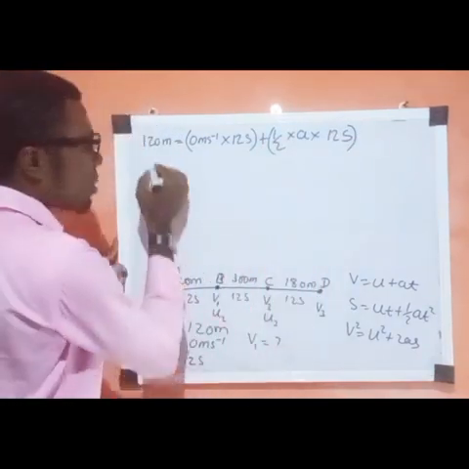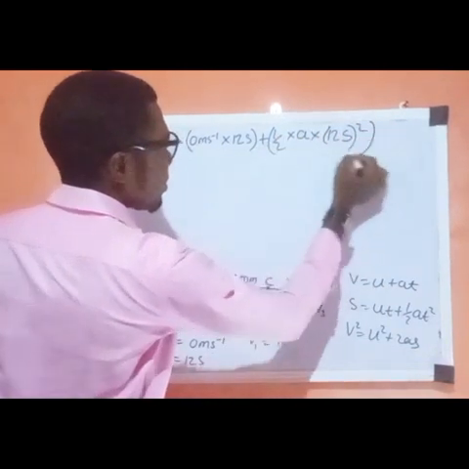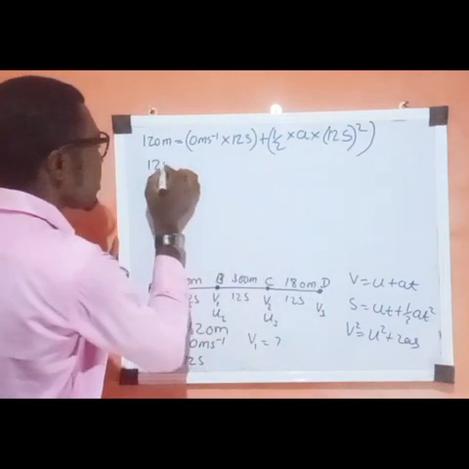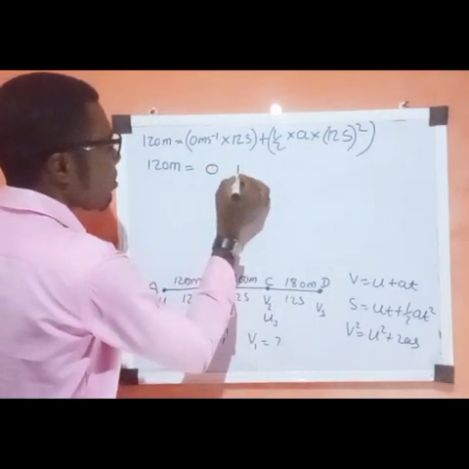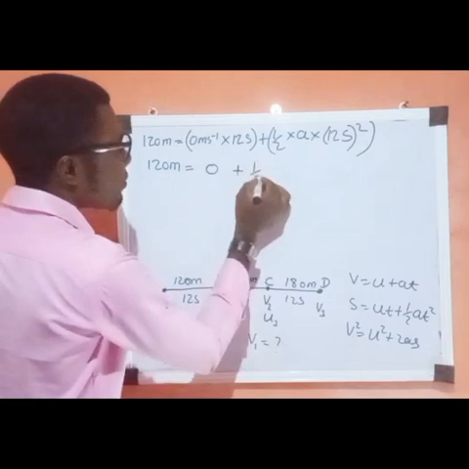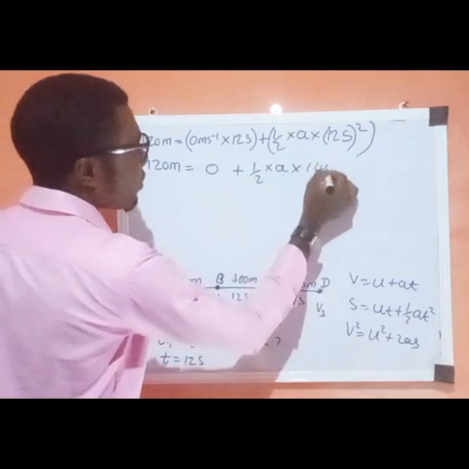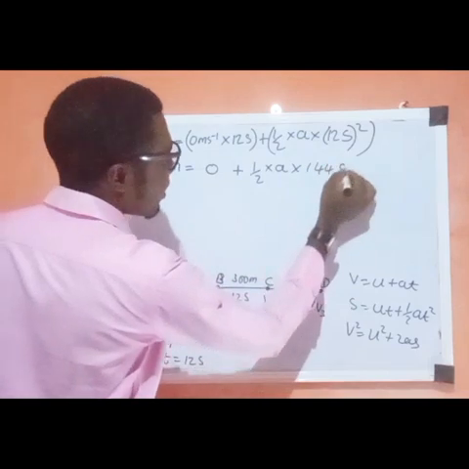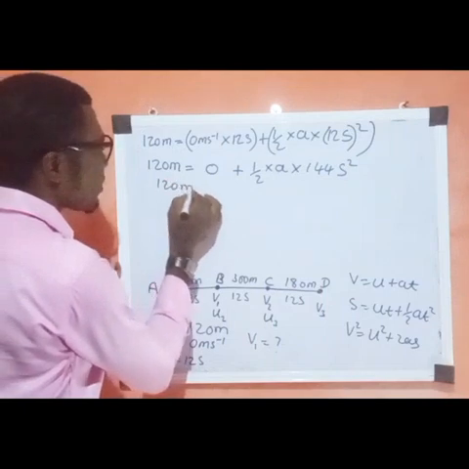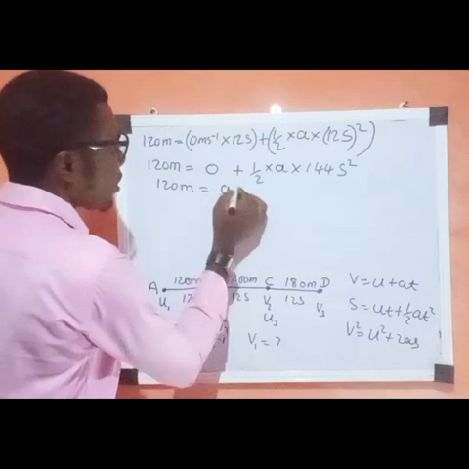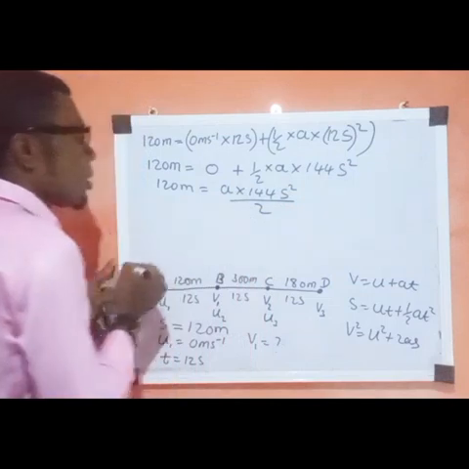Remember, this T is squared, so we're going to square this 12. So we have 120 meters is equal to 0 times 12 will be 0, so everything here is 0, plus half times A times 12 squared is 144 seconds squared. So that is 120 meters is equal to A times 144 seconds squared over 2.